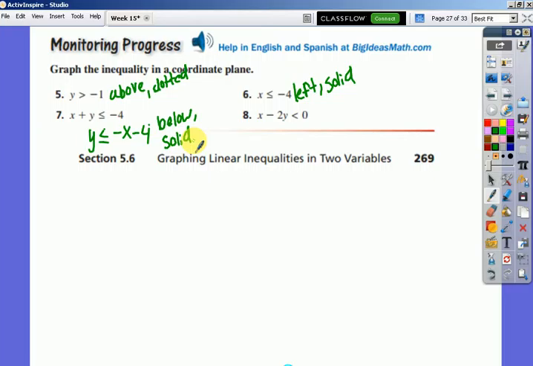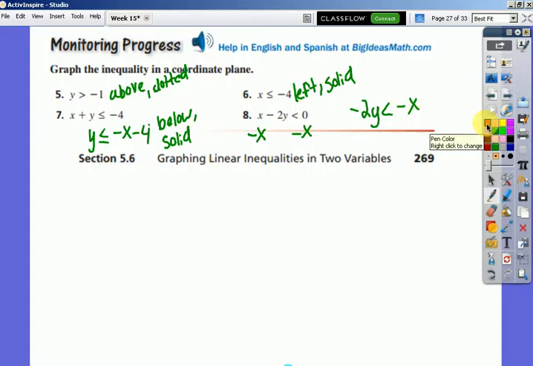Now this one, number 8, is a little tricky. So when we try to get y by itself, when we isolate that variable and I subtract x on both sides, what I end up with is negative 2y is less than negative x. What happens when I divide by that negative 2?